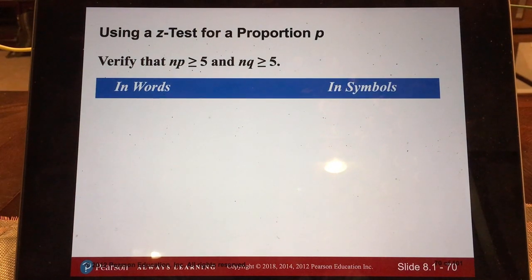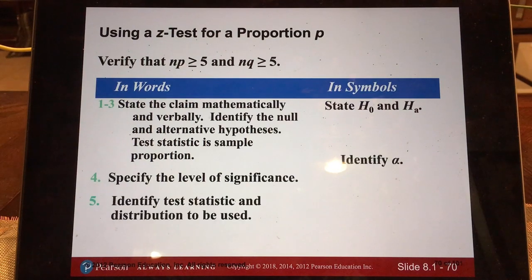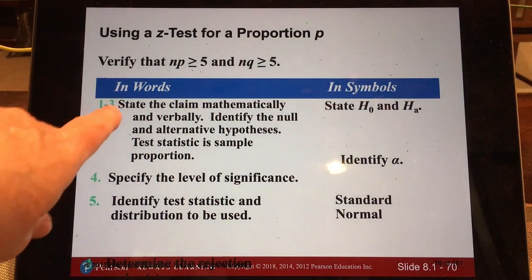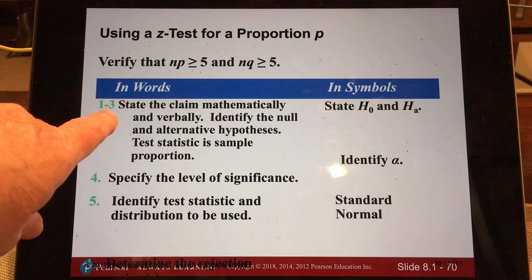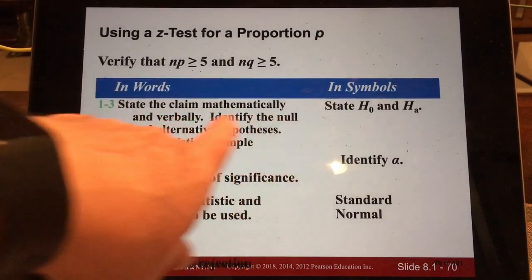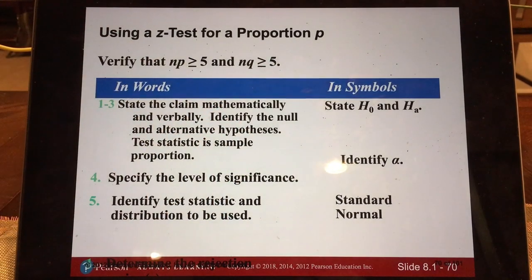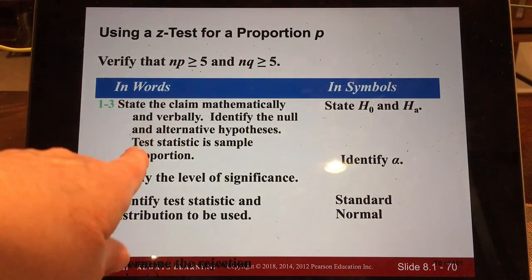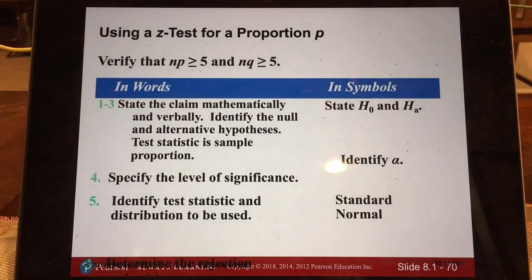So this is our basic layout here. This is kind of the cheat sheet that I like to set up for you. Our little steps 1 through 3: state the claim mathematically and verbally, identify the null and alternative hypotheses. The test statistic is the sample proportion.